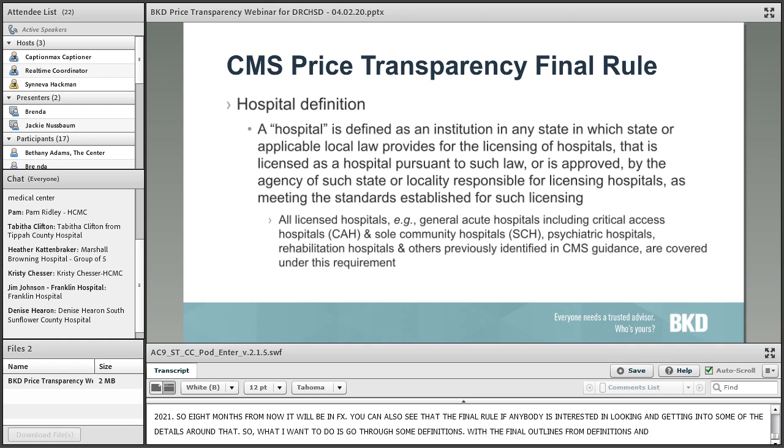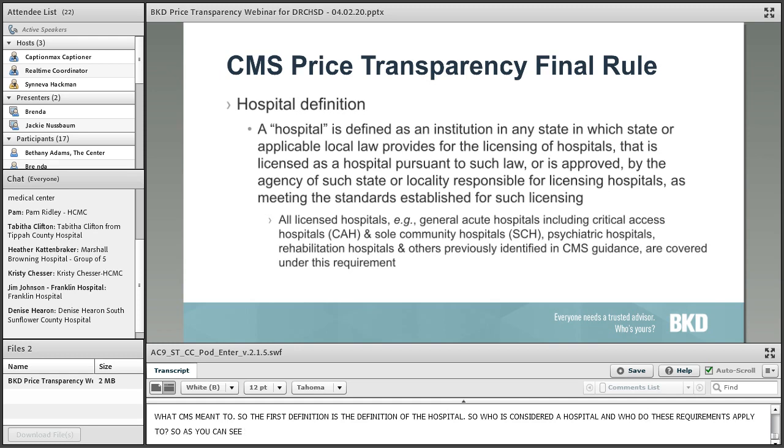So what I want to do is go through some definitions. In the final rule, CMS outlines some definitions, and I think this is helpful compared to where things were previously, where there weren't these definitions, and it was up to interpretation on a lot of these items as to what CMS meant. So the first definition is the definition of a hospital.